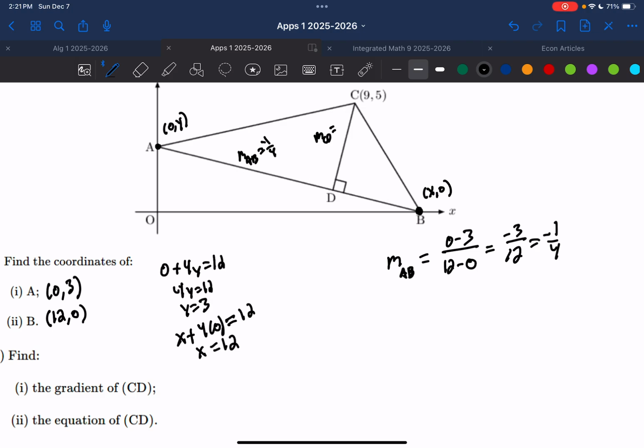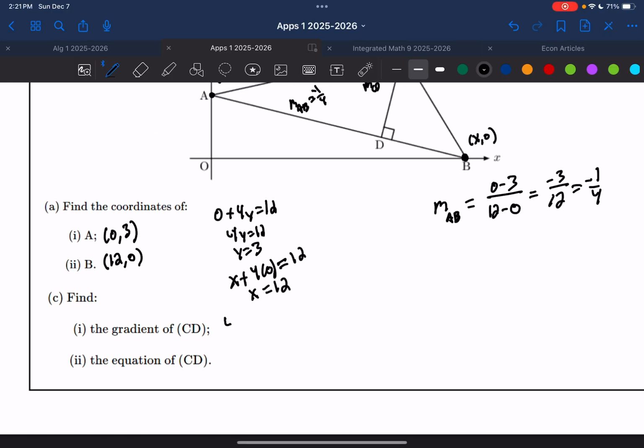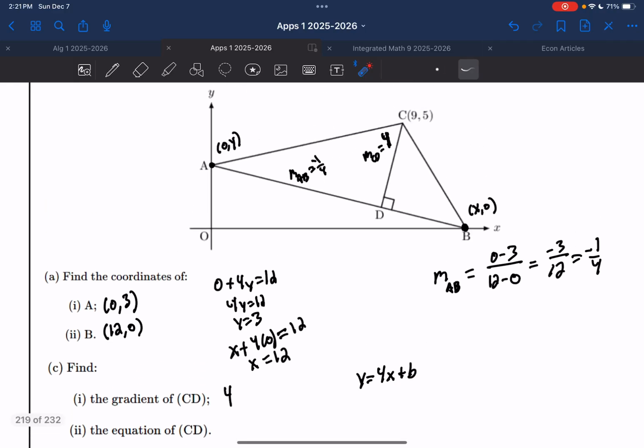MCD, the gradient of this line that's perpendicular to it, has to be the opposite reciprocal. It has to be 4. So the gradient of CD has to be 4, meaning the equation of CD is going to take the form y = 4x + b, because we know that the slope is 4. We just don't know what b is, but we know that it runs through this point (9, 5).